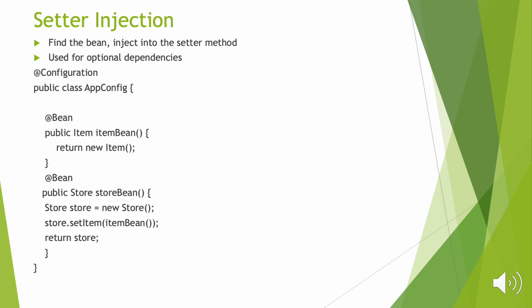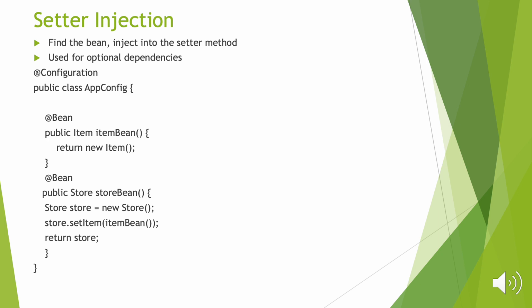Now let's look at the three ways that Spring handles dependency injection. Let's look at setter injection first. Here we have a configuration class called AppConfig and is marked with the @Configuration annotation. As we mentioned before, when you mark a class with the @Configuration annotation, it indicates to Spring that this is where you go to find all the bean definitions.